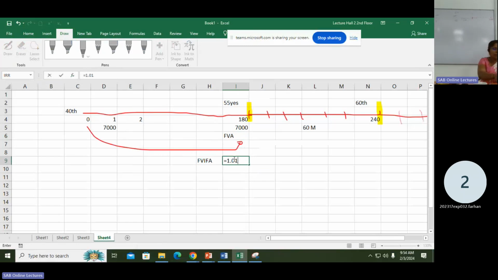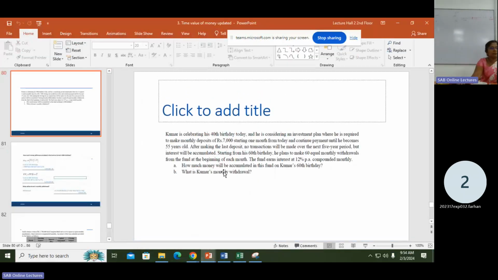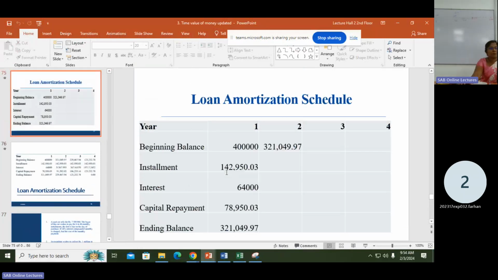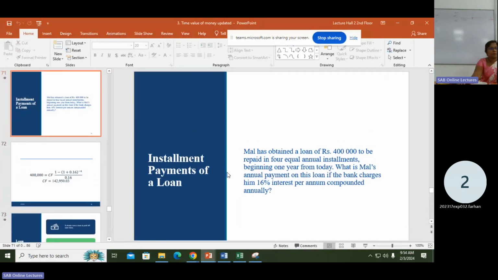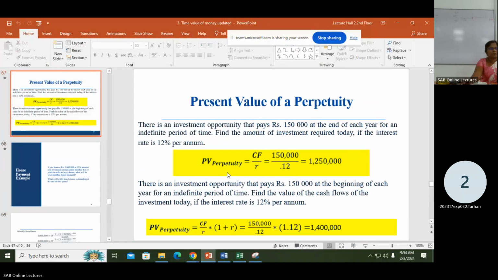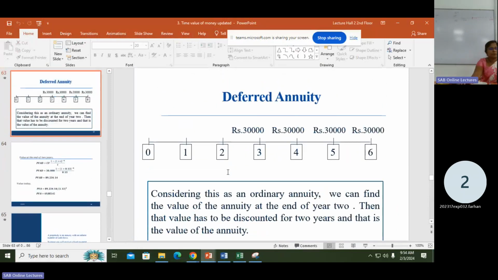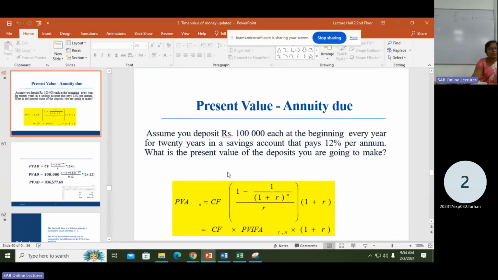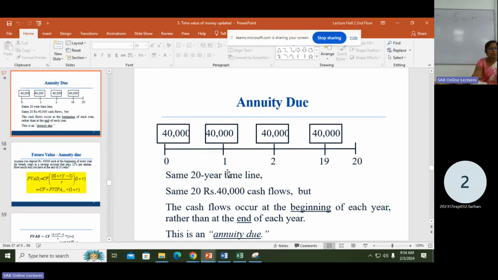So 1.01 to the power 180, that is 1 plus R to the power n. What is the future value annuity formula? This one.